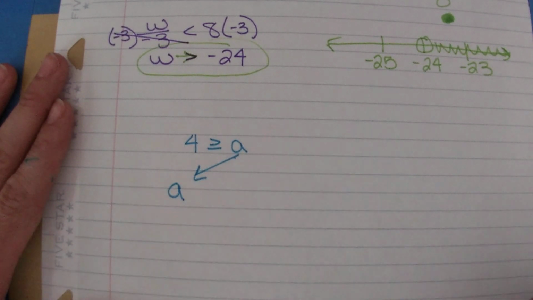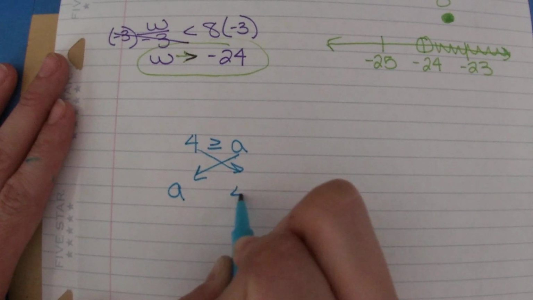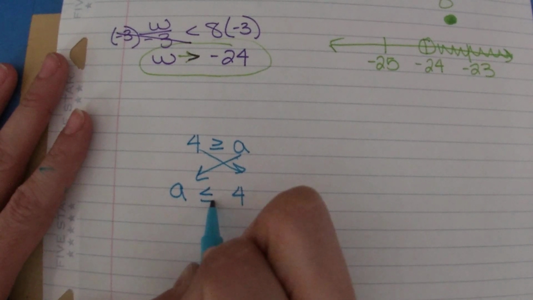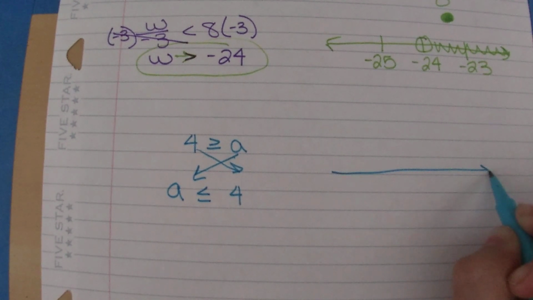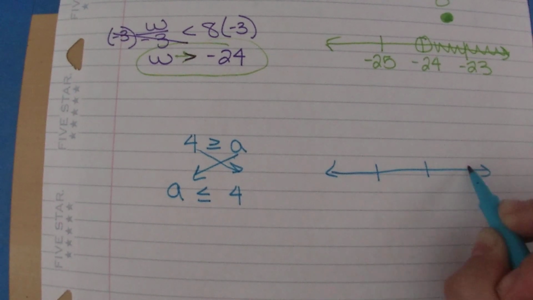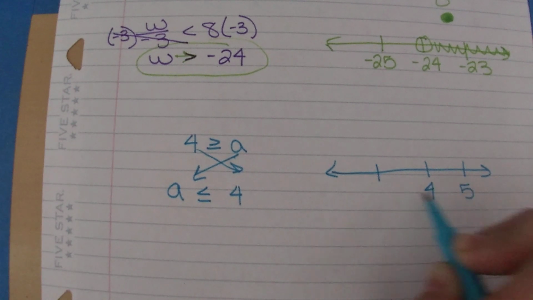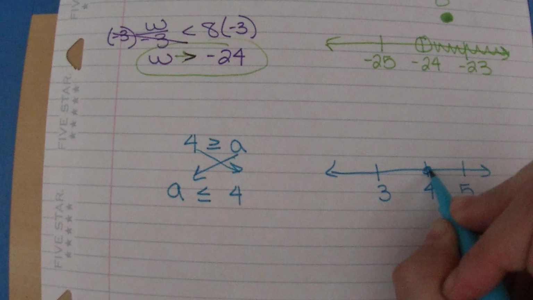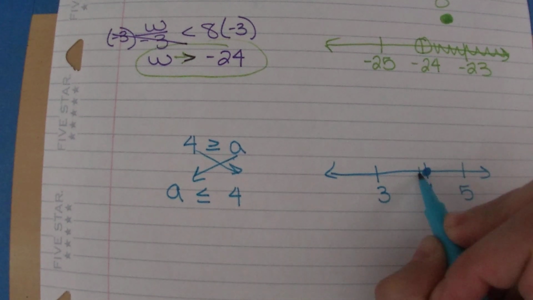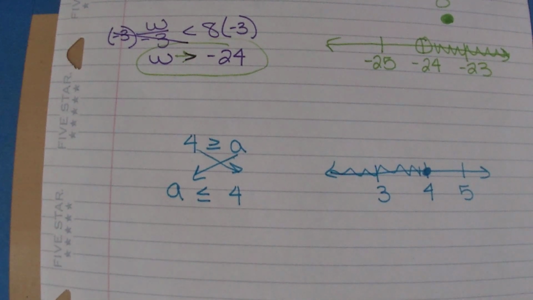And so we'd want to bring our a over here to the left and our 4 over here to the right, and then flip that inequality sign. Okay, and then when we put this on a number line, right, this is going to be a filled in circle, and this one would be shaded to the left.